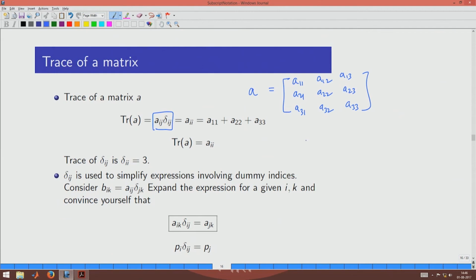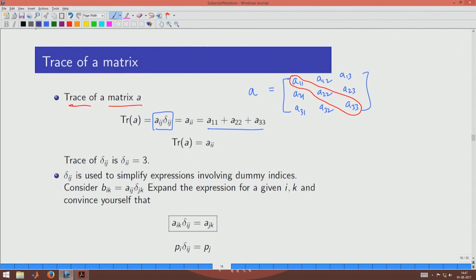So, it must be giving us just one number, and we can see that when we expand we only get 3 numbers because the delta has only 3 unities, rest of them are zeros. So, only when i is equal to j you have got a unity there. So, only those numbers will survive. So, what is the quantity that is written here? It is nothing but a summation of these, which is nothing but the trace of a matrix A.